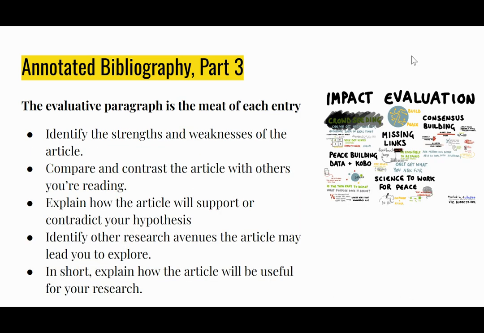The evaluative paragraph should be the meat of the entry. It should be more coherent than the image I have up here on screen, but you're looking at the strengths of the article. How does it compare and contrast to other articles you have skimmed, other articles you have read? What about the thesis or the supporting detail may contradict your hypothesis, the points you want to make?